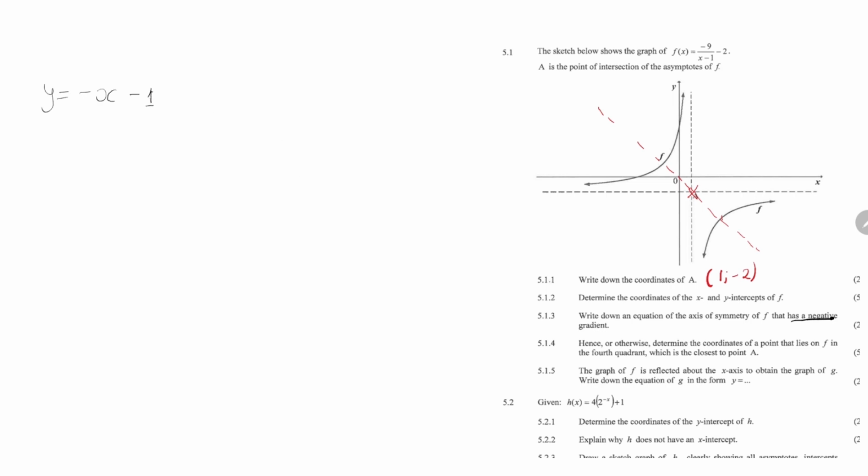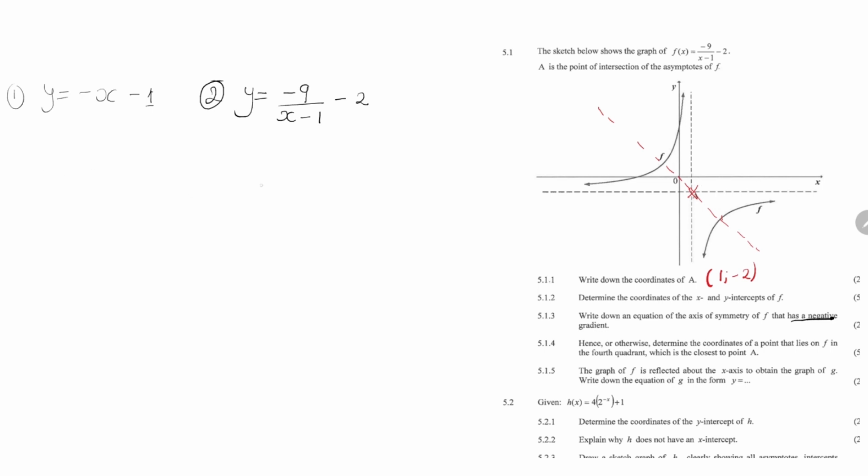And we also have the equation of the graph, which is f of x equal to minus 9 over x minus 1 minus 2. But this time, let us not use the f of x. We will use y equal to minus 9 over x minus 1 minus 2. So we have these equations and we want to solve them simultaneously so that we can find a point where they meet, which happens to be the closest point to A, because this axis of symmetry passes through A.